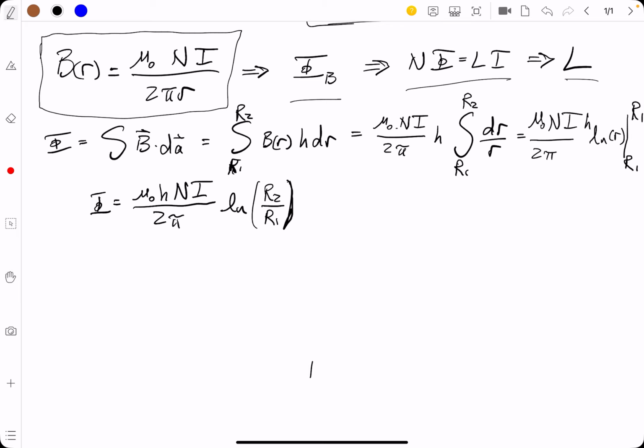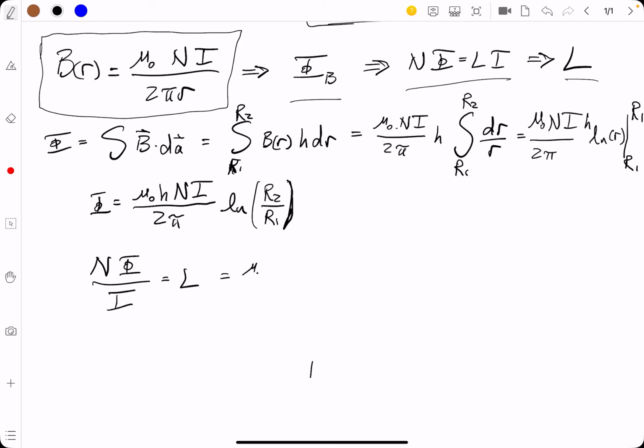And now we can do our N phi divided by I equals our L. This is easy peasy. Immediately we can see that the I is going to drop and our N is going to be squared.